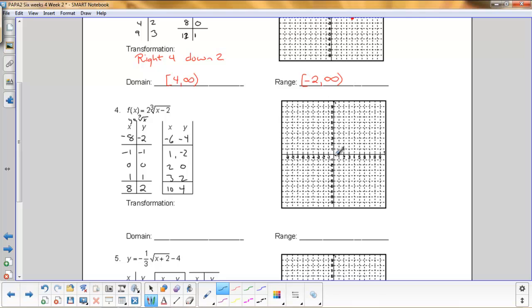Start with our parent: (1, 1), (-1, -1), (8, 2), and (-8, -2). Now we'll apply those transformations. So we have the shift to the right, and we have a stretch of 2.